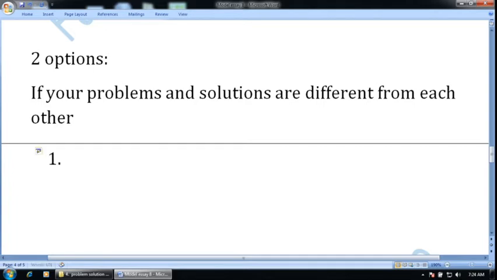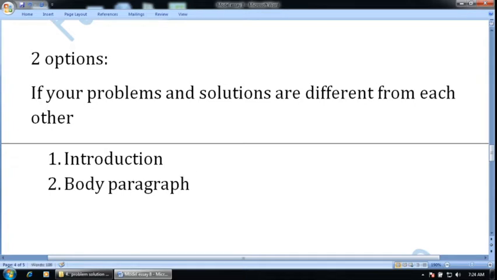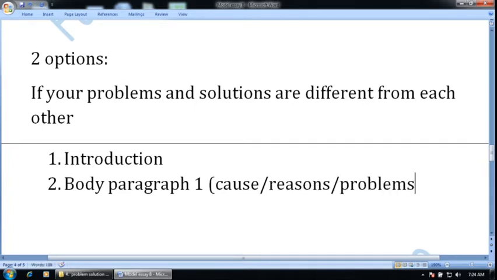Number one, you would write the introduction. Then you will go for body paragraph 1, that would be causes or reasons or problems.